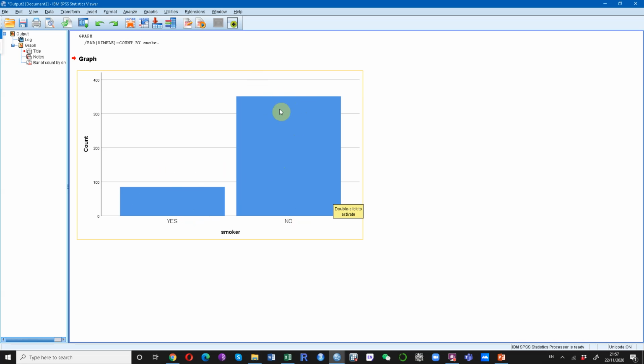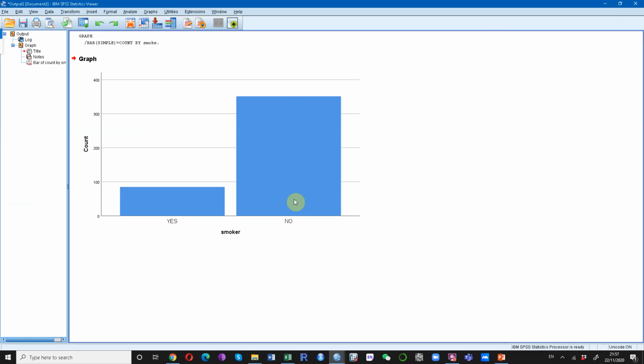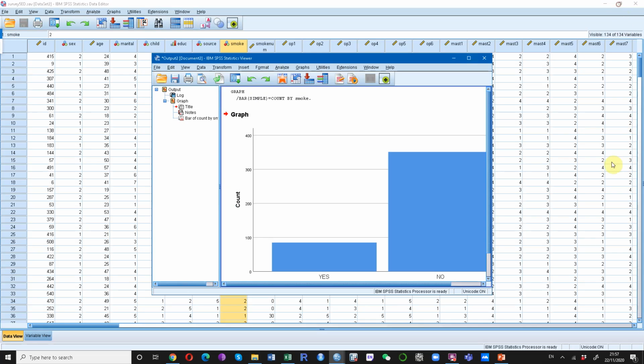And you can see non-smoker is by far the majority group in our data set, which has around 350 or 360 people. The good thing about a bar chart is that it clearly demonstrates the difference.